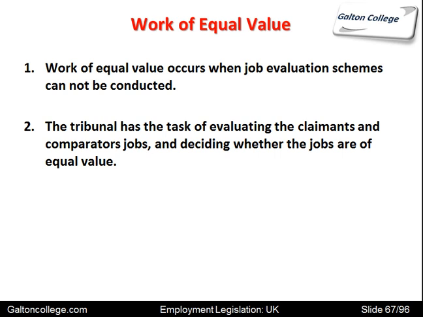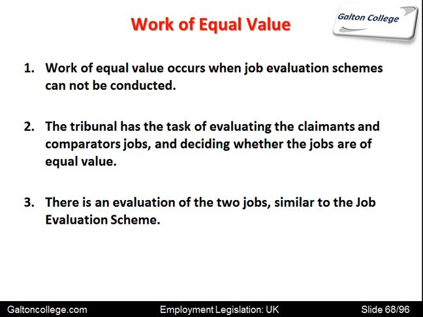So they're not identical jobs, but if they're equal value, they should have the same rate of pay. The tribunal would evaluate the two jobs and try to work out what is fair. It's similar to a job evaluation scheme. It's similar to an employer undertaking the task of trying to match up who's doing what and how similar are the tasks.